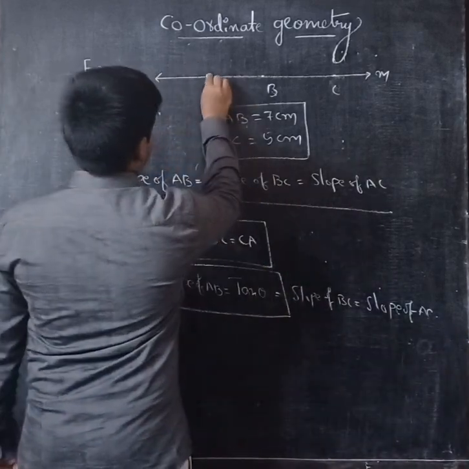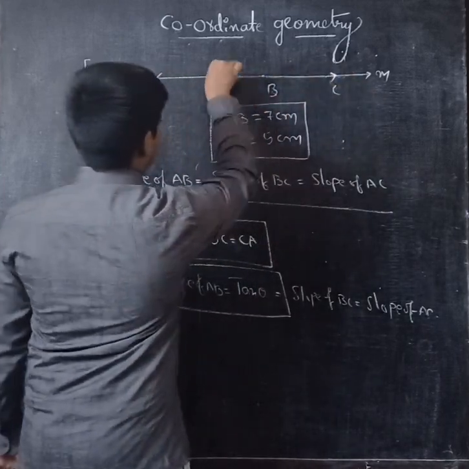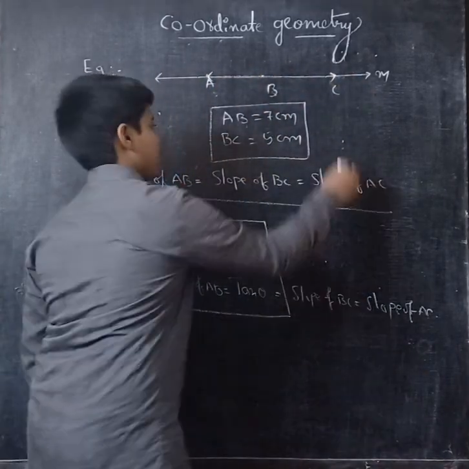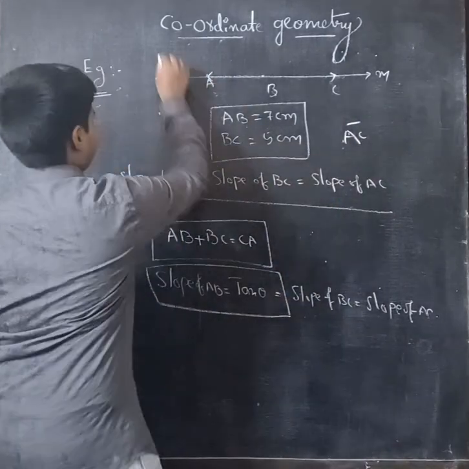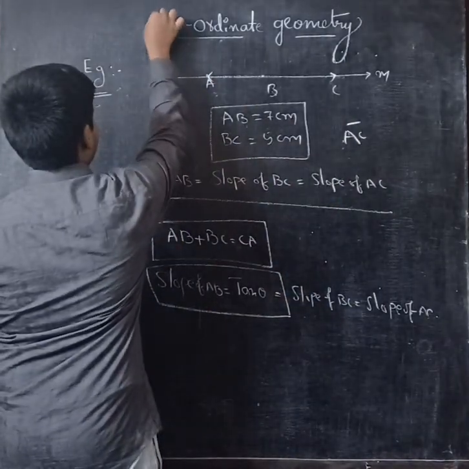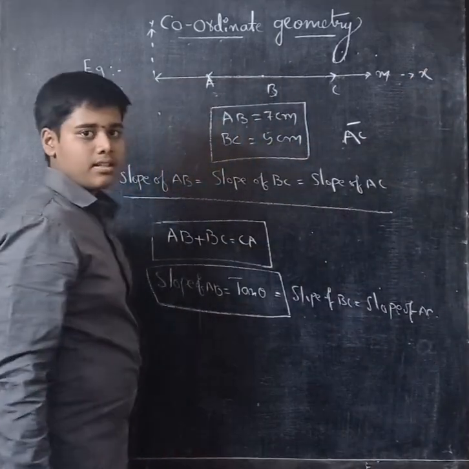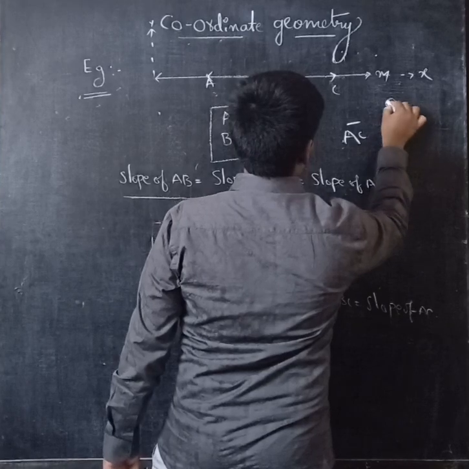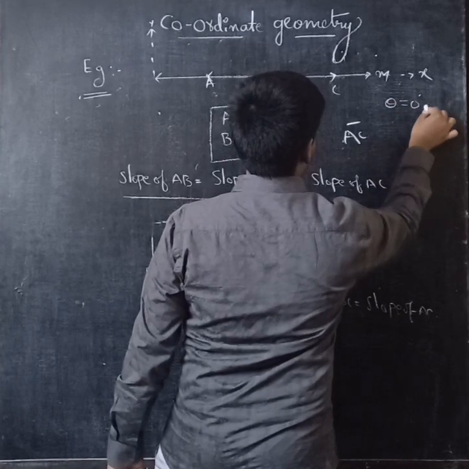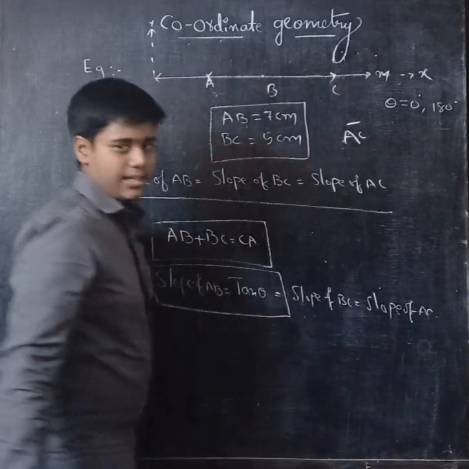Here if I consider AC as a segment, it cuts the x-axis. If I take the y-axis and the x-axis like this, theta is 0 degrees or 180 degrees, because we can't say this is a straight line.